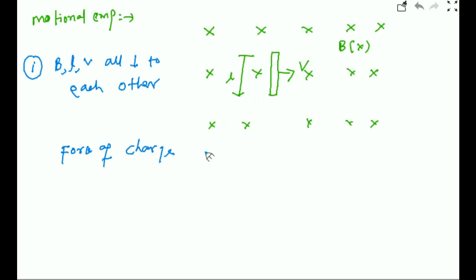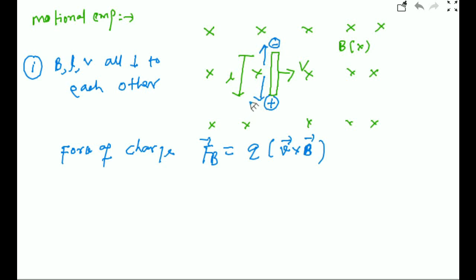Suppose I take a charge Q, so the magnetic force will be Q into V cross B. In the conductor there are positive as well as negative charges. The force on the positive charge is in this direction and on the negative charge in the opposite direction, so the positive charge accumulates on this end and the negative charge on the upper end.